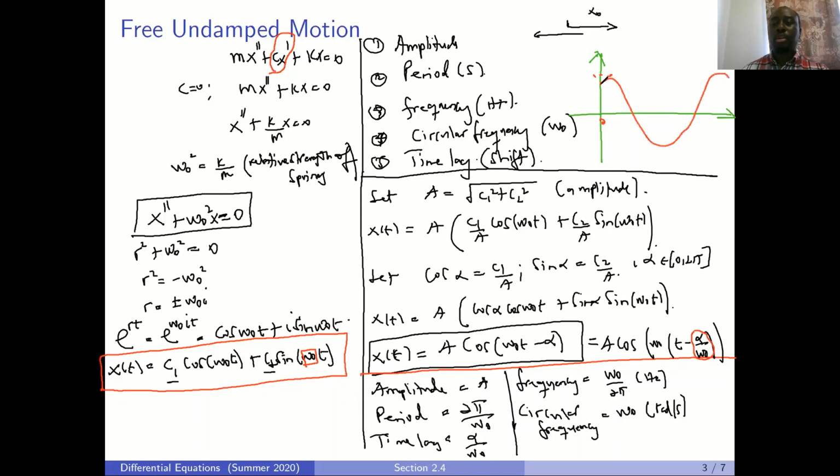And then it keeps going on, and this is going to repeat itself. This is my time lag, alpha over w0. Of course, my period is just the time it takes to repeat myself, and all the other parameters you can determine from here. So this is my time axis, and this is my x-axis, x of t.